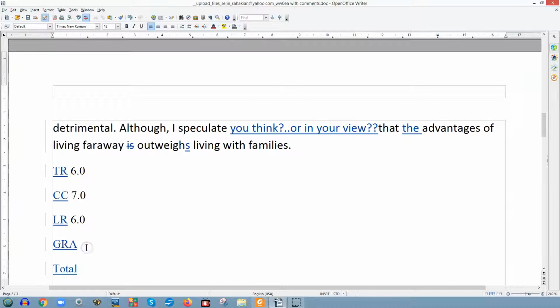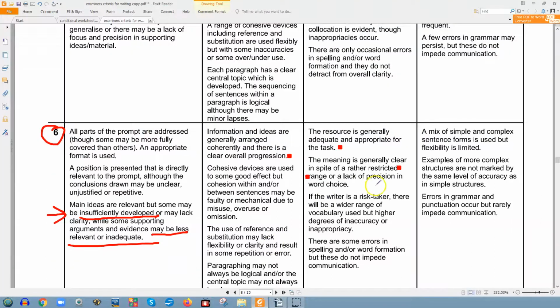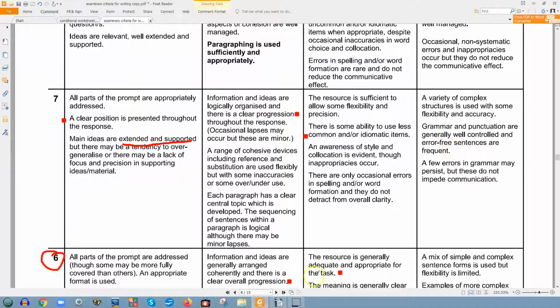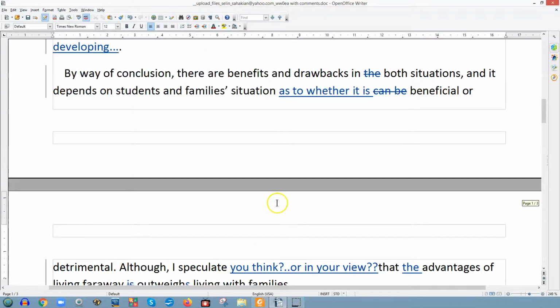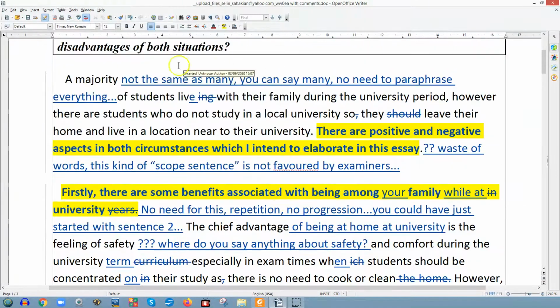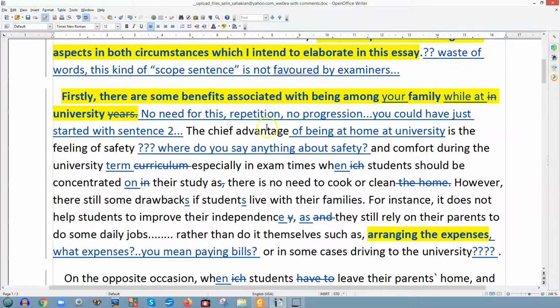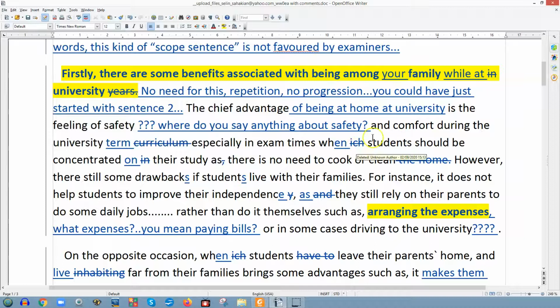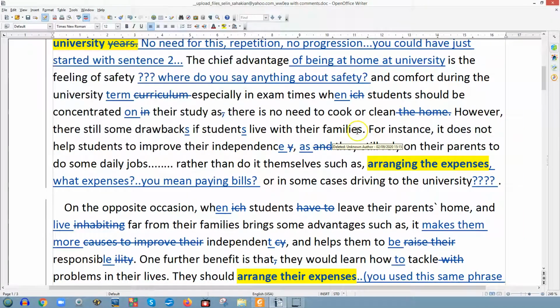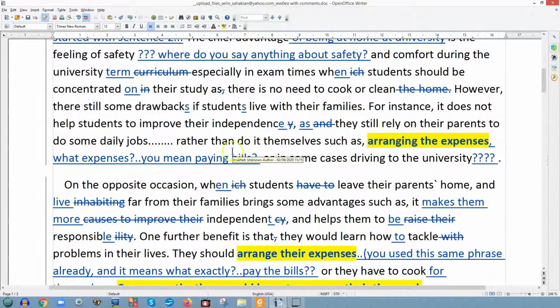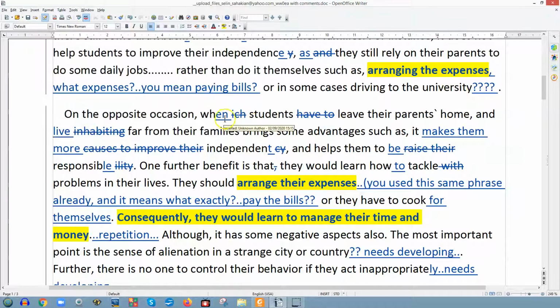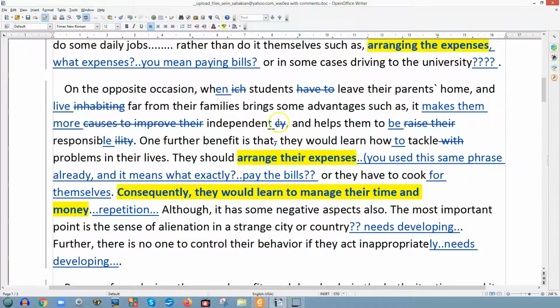Grammar, well, let's have a look. Grammar, error-free sentences, that's how it works. It's the number of sentences you make without a mistake. So, 1, 2 sentences, 3 sentences. Errors: independence as, daily jobs, which instead of when, students leave, independence, independency, to be.